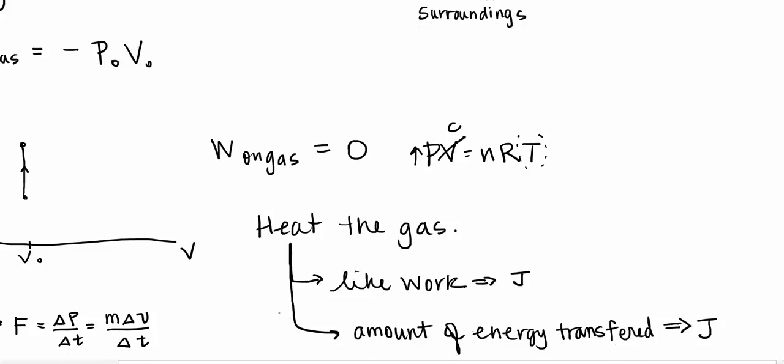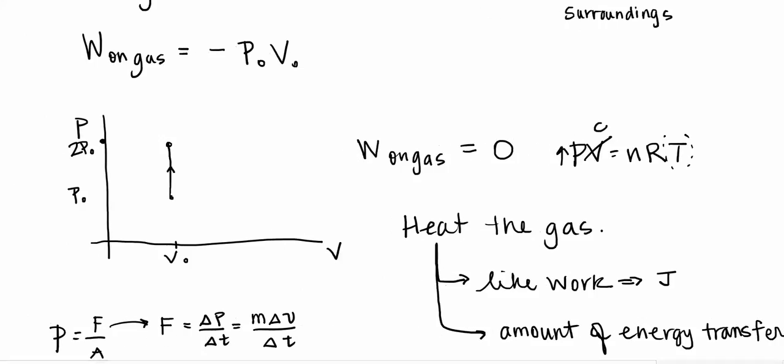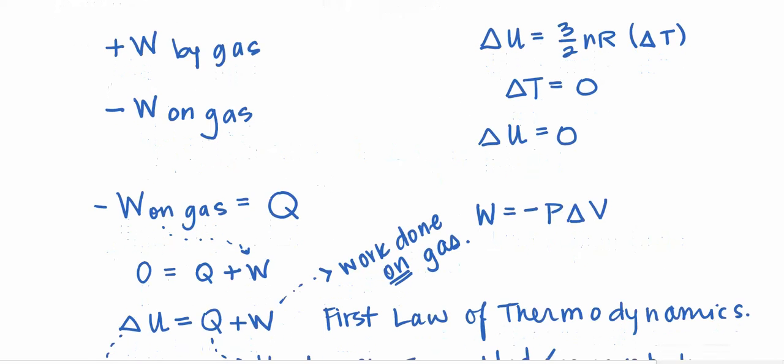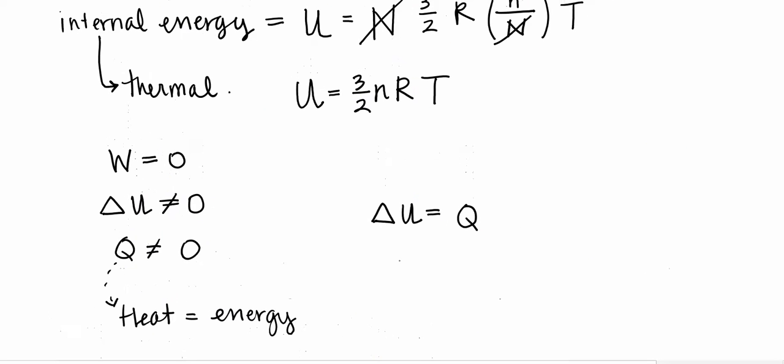So then down here, where the work done on the gas was 0 because there's no change in volume, that's where we saw that delta U, that change in internal energy, was due to an exchange of energy with the environment, due to heating or cooling.